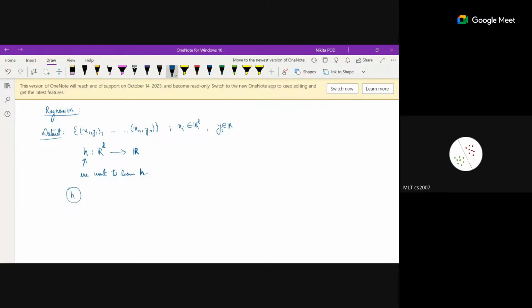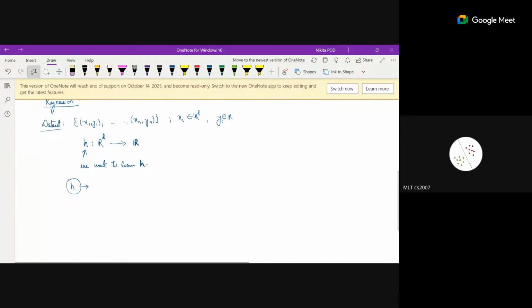We want to check its goodness, in a sense. That can be done using an error function, more specifically the squared error function. So we define a function which is the squared error, and you can also call it the loss.